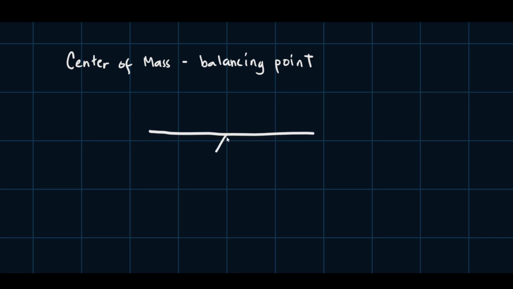Tapos, let's say, nandito yung pinaka balancing point. And then, if we have two objects or two people here na may different masses, tapos we take their distance with respect to the balancing point, na ito yung kanyang center of mass.